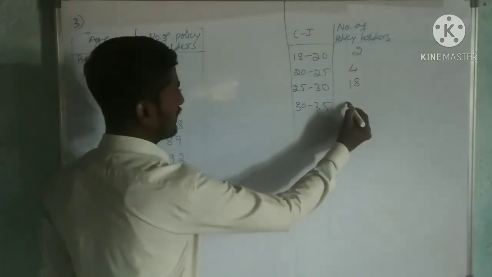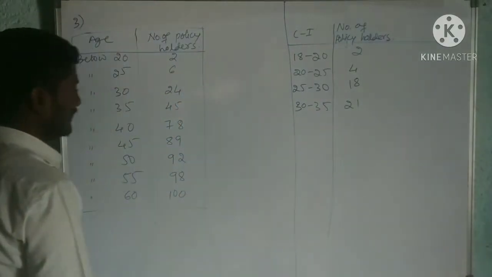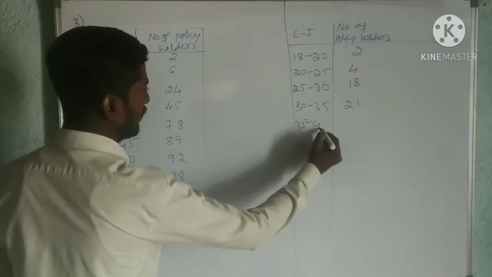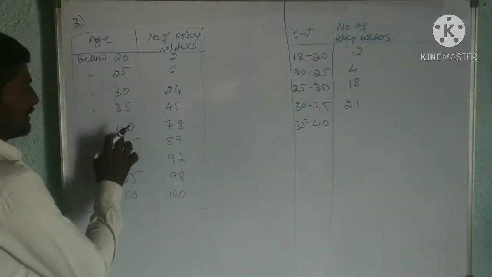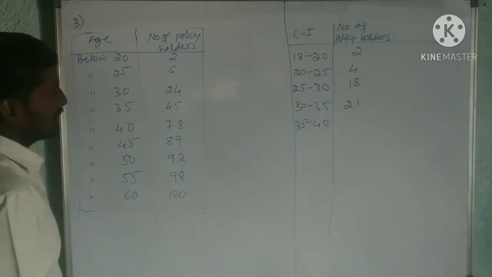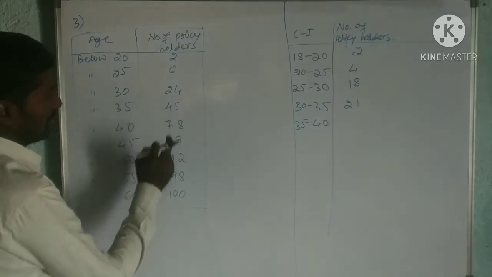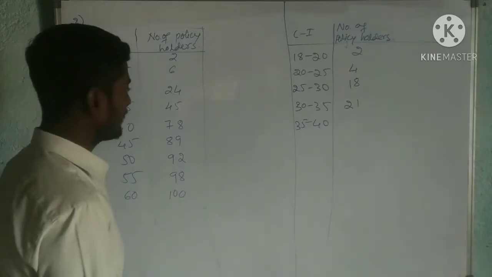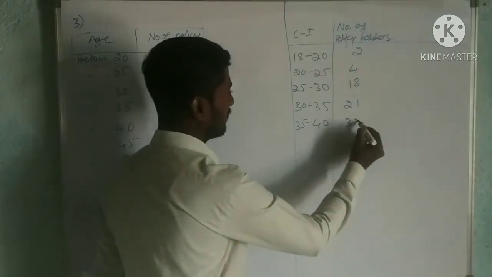Am I right? 21 it is. Then 35 to 40. 78 minus 45, 33 it is, not 32, 33.